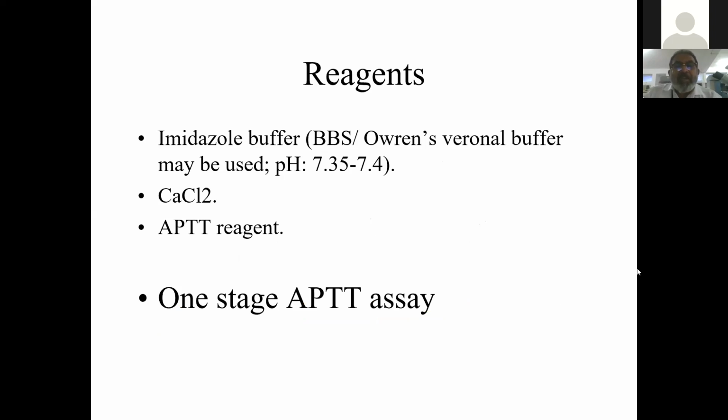Nowadays it's mostly imidazole buffer, because barbitone buffered saline is banned because barbiturate is a banned substance. Though the barbiturate buffers are available commercially as Owren's Veronal buffer, make sure that the pH is between 7.35 to 7.4. Then you have calcium chloride, and then you have the APTT reagent to create the one-stage APTT based assay.